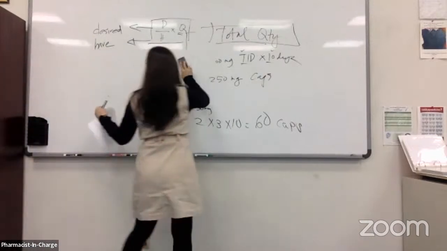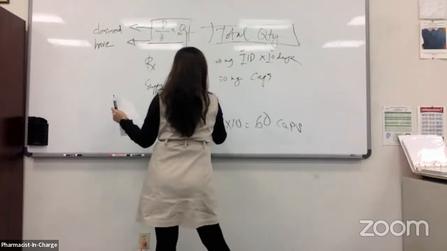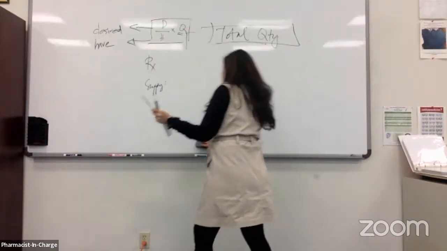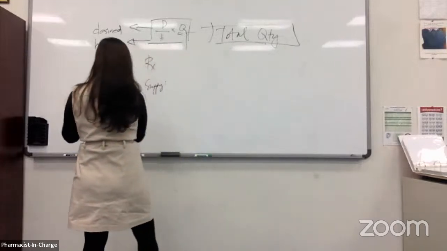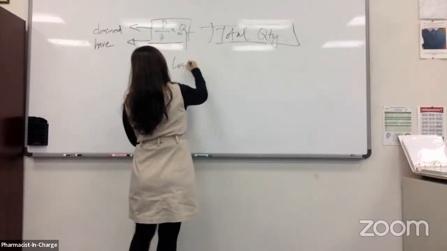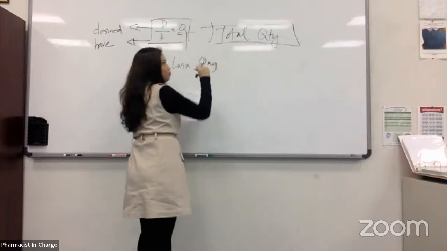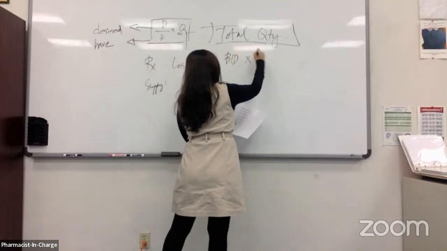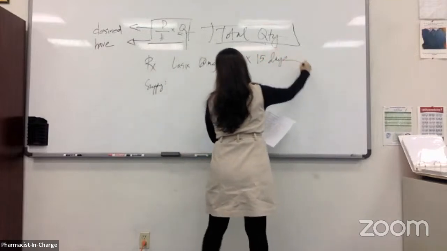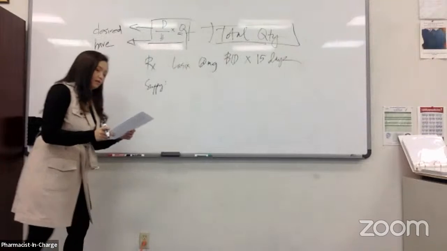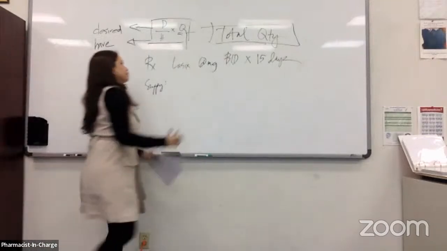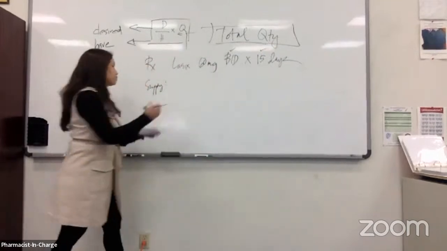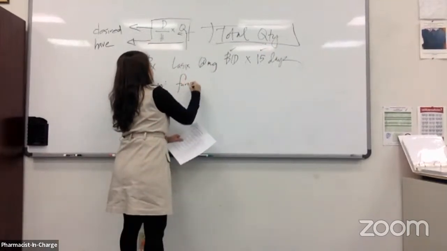Next one. Jump to Lasix again. Prescription number 23. Total quantity still. I always have at least one tablet or capsule and then one liquid. Does the BID matter? Does the 15 days matter? Because it's total quantity. But your supply is furosemide.